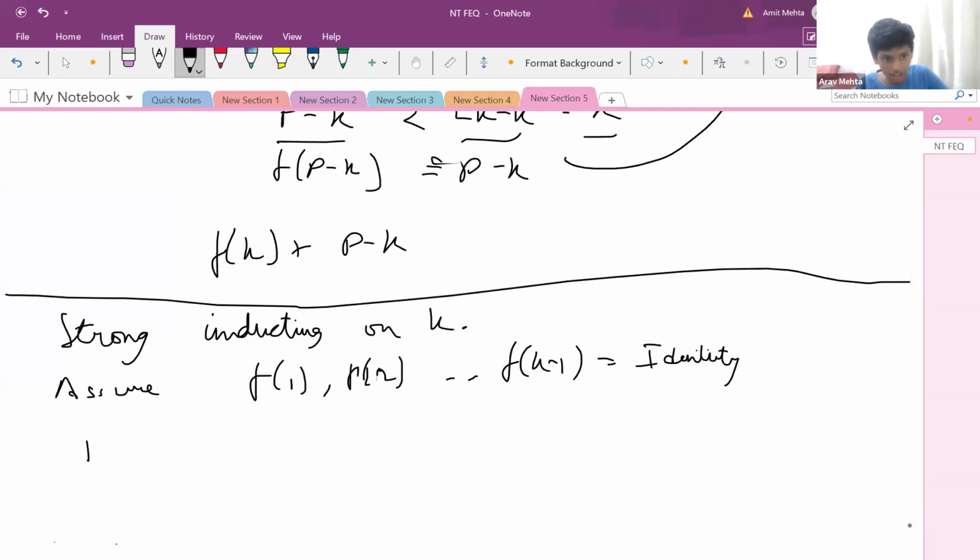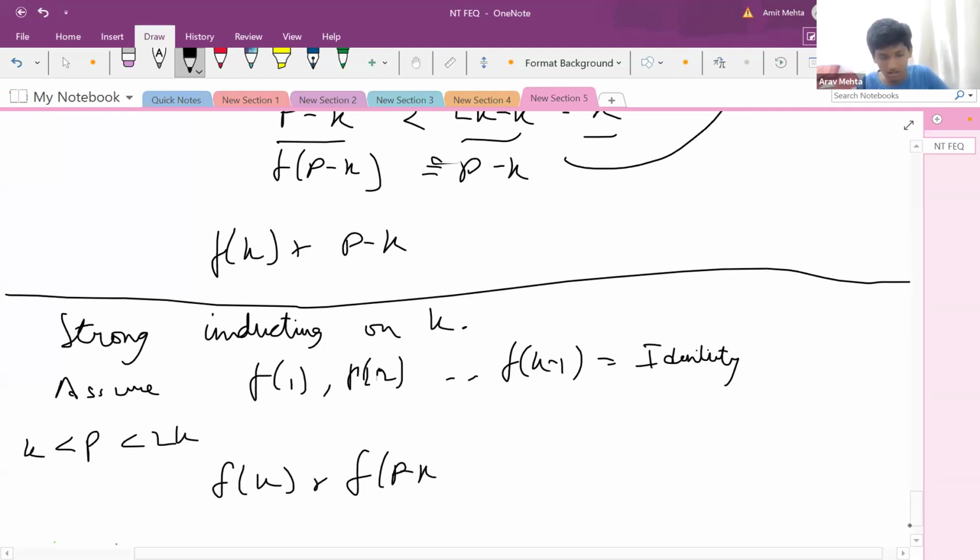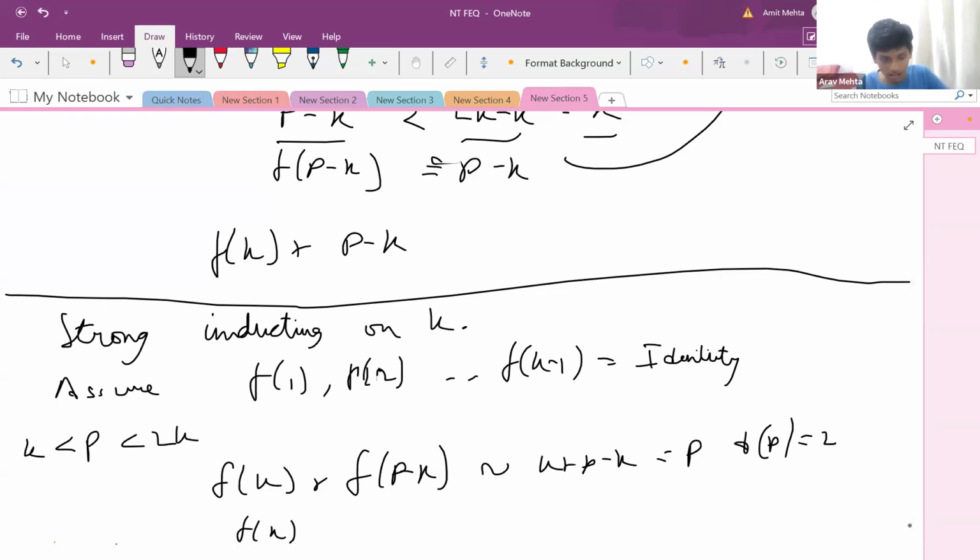Then we choose a prime p which is greater than k and less than 2k, which we can do by Bertrand's postulate. Then we have that f of k plus f of p minus k has the same number of divisors as k plus p minus k, which is p. But the number of divisors of p is exactly 2. Hence, f of k plus f of p minus k is nothing but a prime.